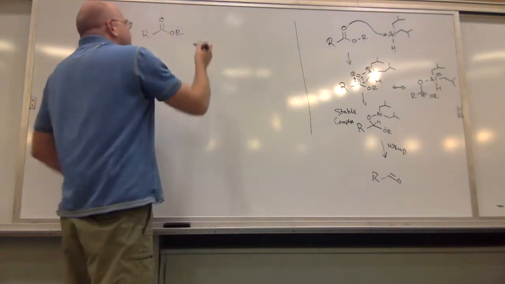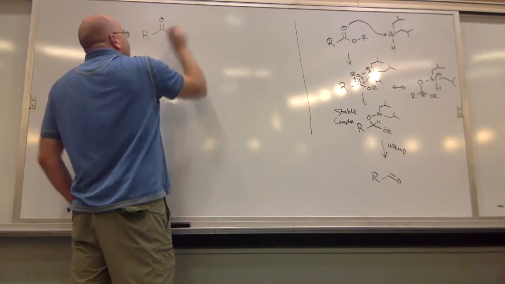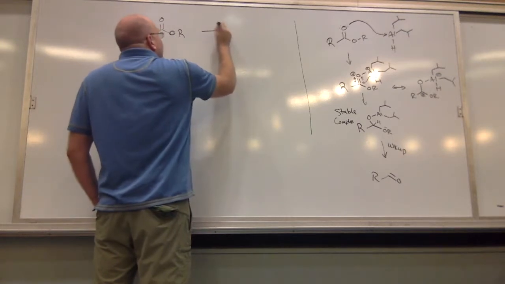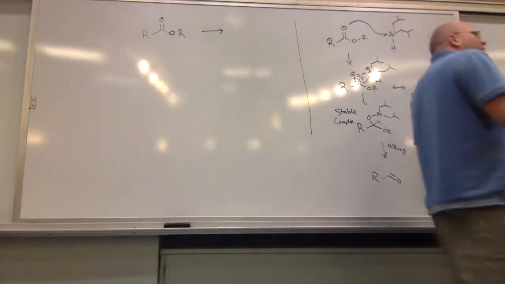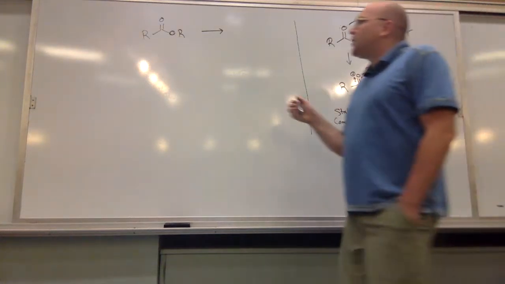This is, again, conditions that we've seen in the past, right? We've commonly seen it with alkenes, and with some of the aldehydes when we were talking about acetal formation.